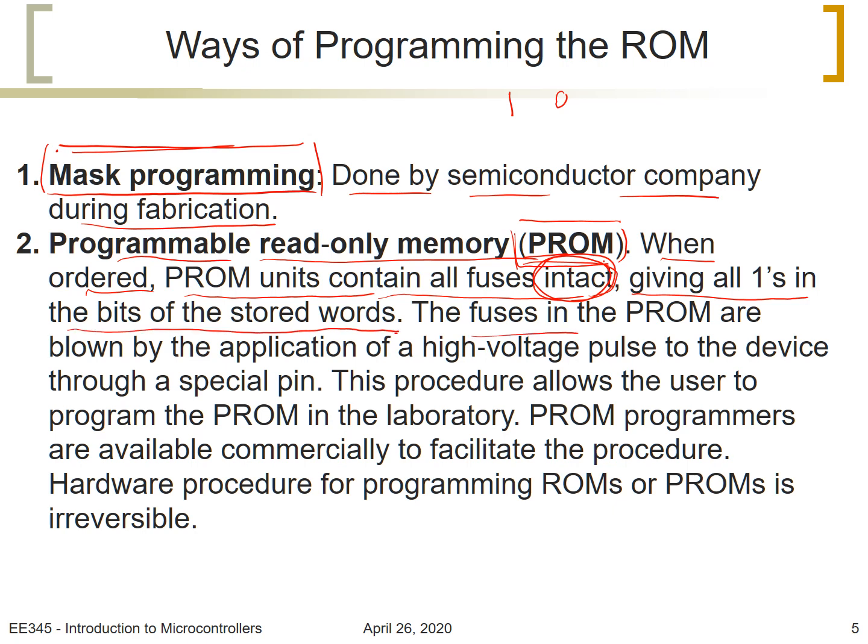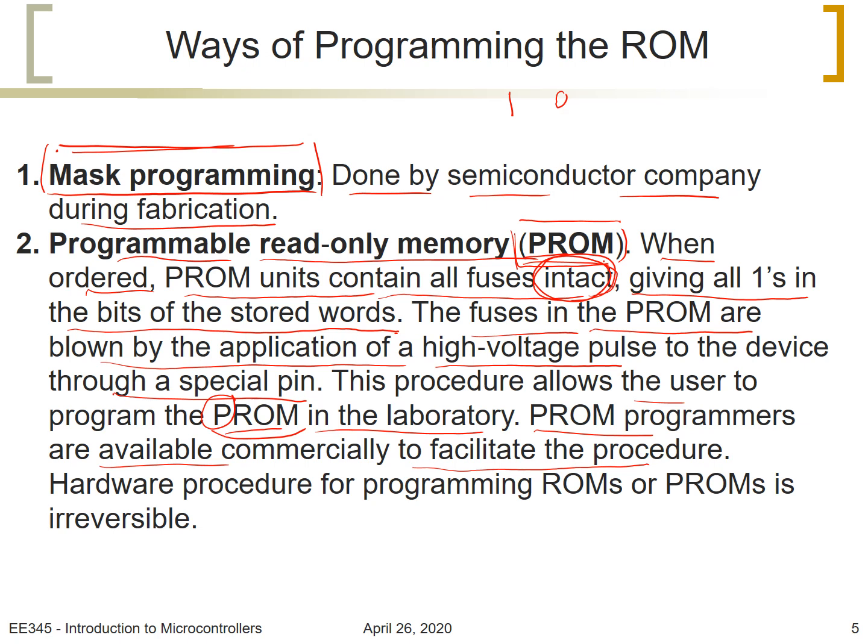And the fuses in the PROM are blown by application of a high voltage pulse to the device through a special pin. This procedure allows the user to program the PROM, that's what's called programmable ROM, in the laboratory. PROM programmers are available commercially. They can be bought from the market in order to facilitate the procedure.